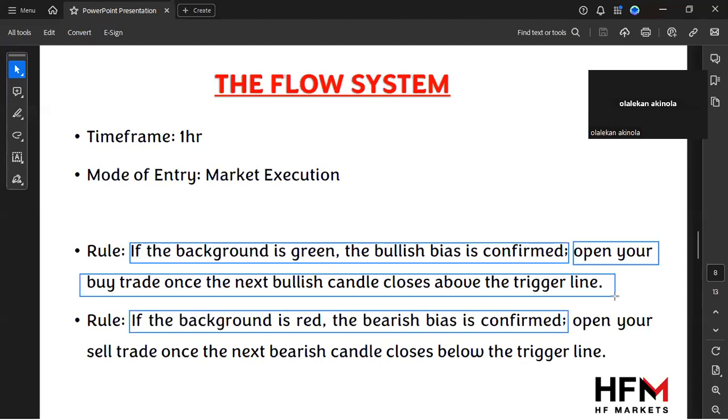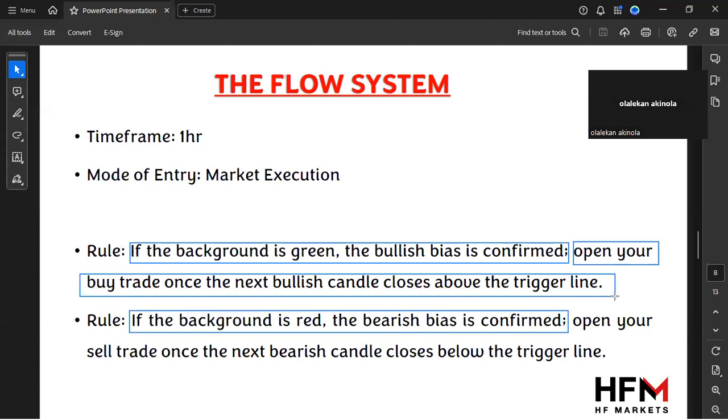It says you should open your buy trade once the next bullish candle, it didn't say any kind of candle, closes above the trigger line. Because you already hold a bullish bias and the flow system has confirmed the bias, a way to enter into that position is for you to wait for the next bullish candle to close above the trigger line.